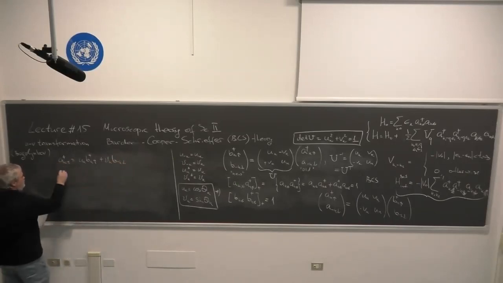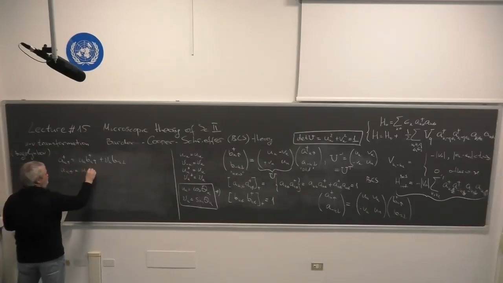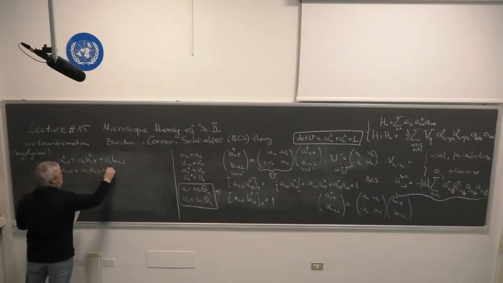The complex conjugate: a†_{k↑} is equal to u_k b†_{k↑} plus v_k b_{-k↓}.